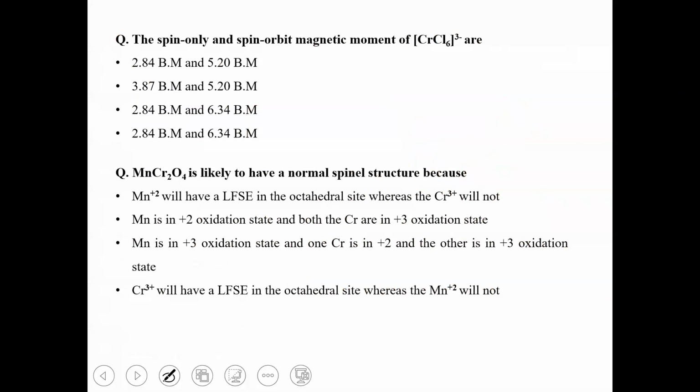So this is a complex. You have to calculate the spin-only and spin-orbit magnetic moment value for this complex. And in the second one, yeah, the same thing.